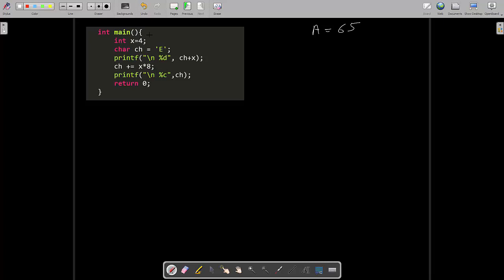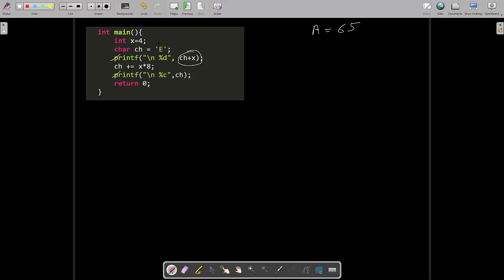Now let's begin. We have a variable x equal to 4, and we have another variable ch which has a character E, capital E. There are two printf statements. The first printf statement is simply printing this expression, this particular character plus the value of x, so E plus 4.